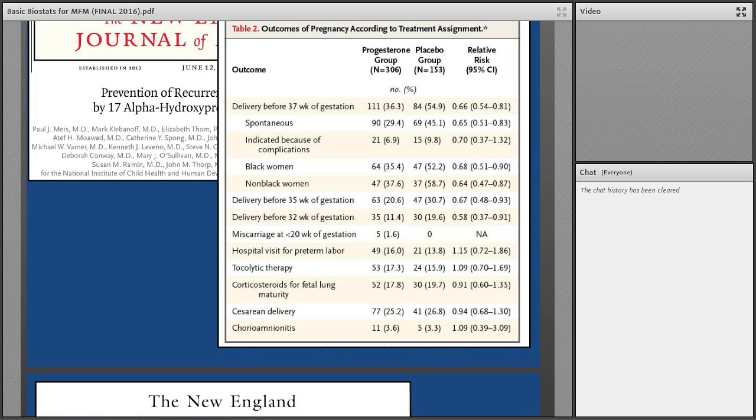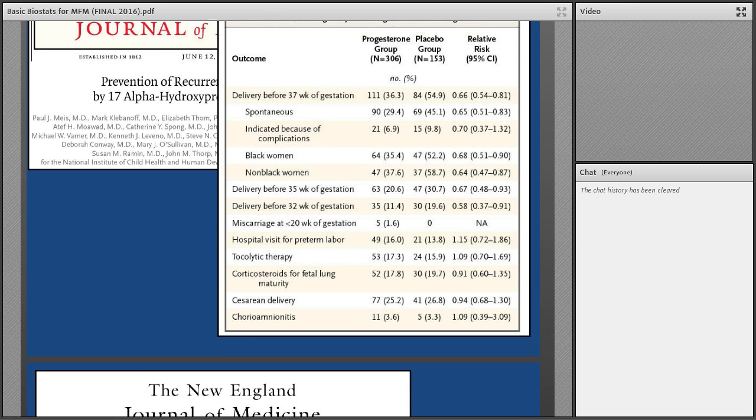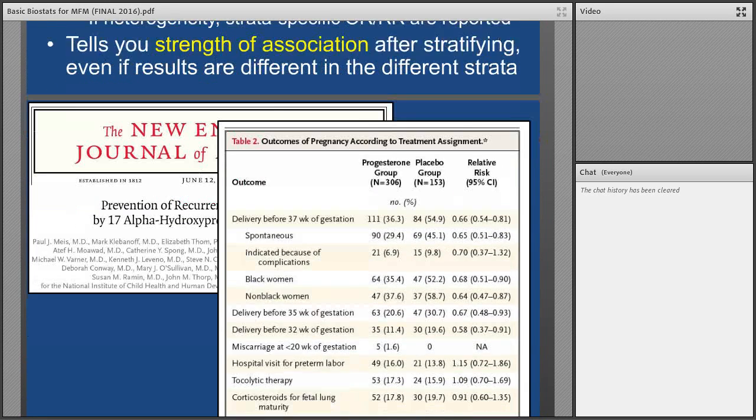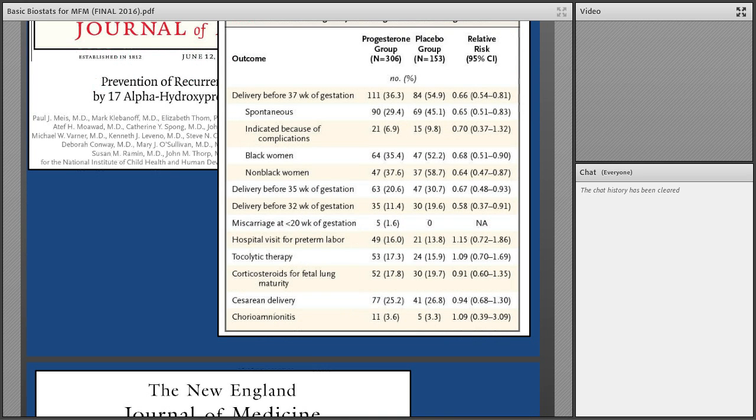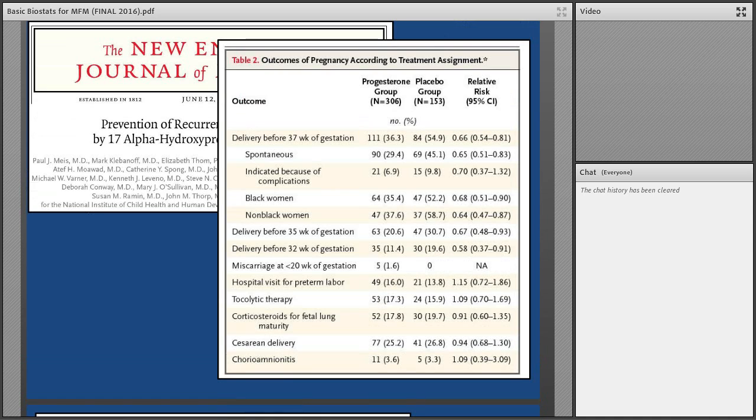So I have a couple of obstetric examples that show how this is done. What's commonly known as the MFMU trial, the 17-OHP caproate trial that influenced the use of 17-OHP caproate for the prevention of recurrent preterm birth.